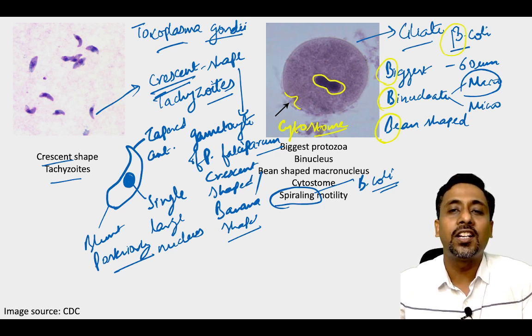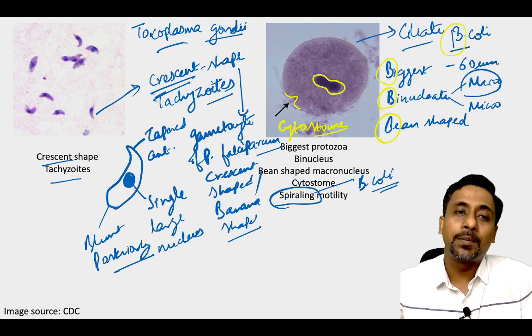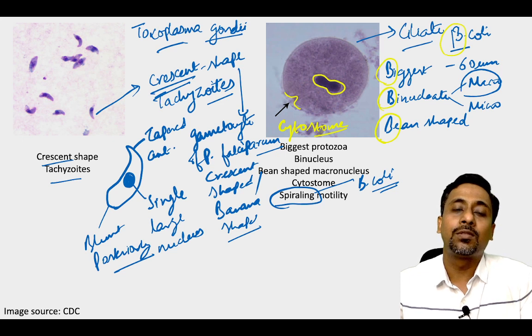So binucleate are Balantidium coli and Giardia. Okay, they have got two nuclei. In Giardia it is a pair of nuclei because of the bilateral symmetry, and in Balantidium there are two nuclei, but one is big and one is small. The bigger one is the macronucleus, which is bean shaped.